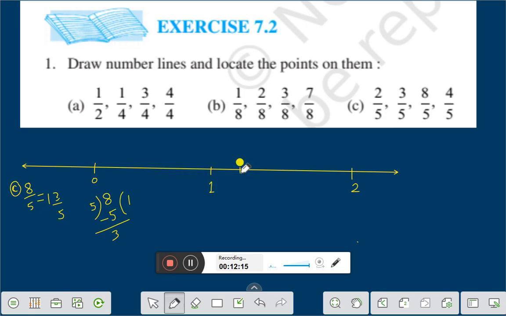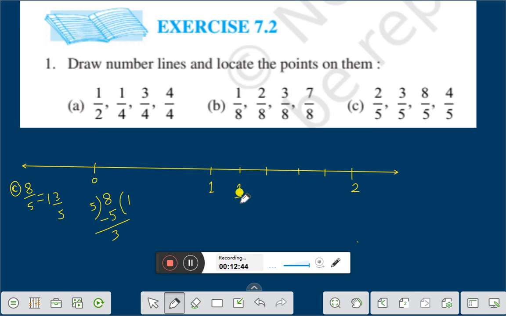That is 1, 2, 3, 4. You see how many parts? 1, 2, 3, 4, and 5, right? 5 equal parts. That means this part is 1 part out of 5 parts, right?